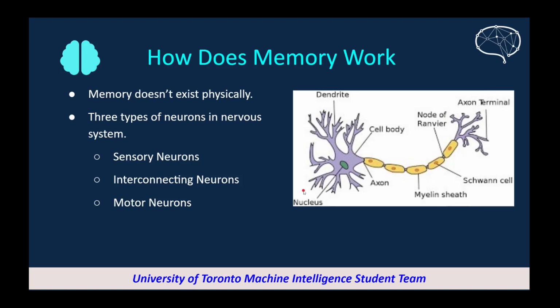At the most basic level, memories are stored as microscopic chemical changes at the connecting points between neurons in the brain. And we've talked about brains and neurons in MIST101 when we showed the difference between biological neural networks and artificial neural networks. We know that this structure exists in our brain, and there are billions and billions of them forming our brain neural networks, and it makes us intelligent.